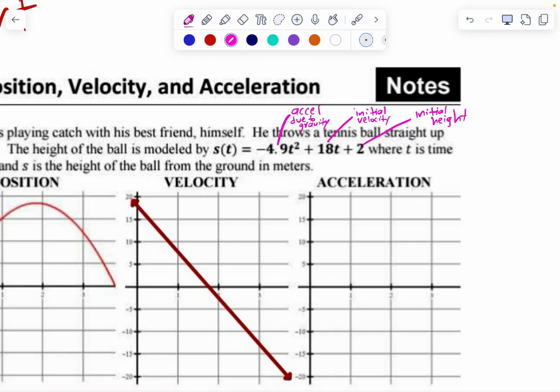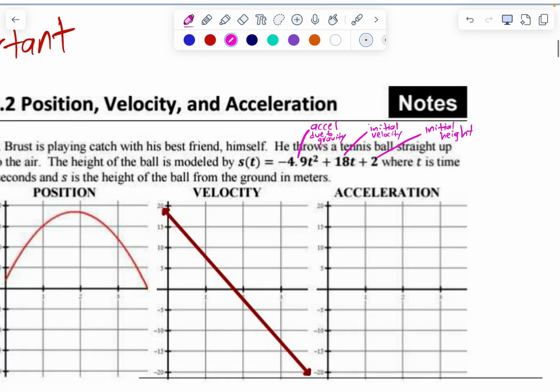Most things in physics and calculus will be done in the metric unit system, which is why it's negative 4.9. And then the negative 4.9 carries units of meters per second squared. So our initial height of 2 is meters, which is roughly 6 feet-ish, a little bit higher.